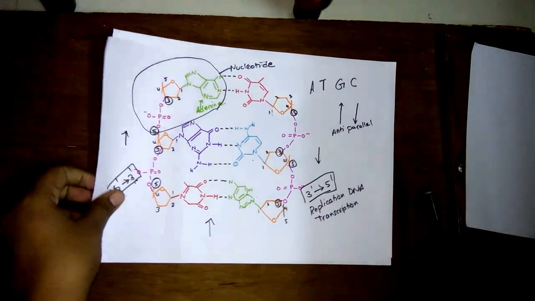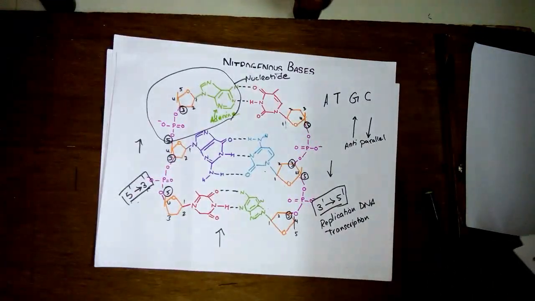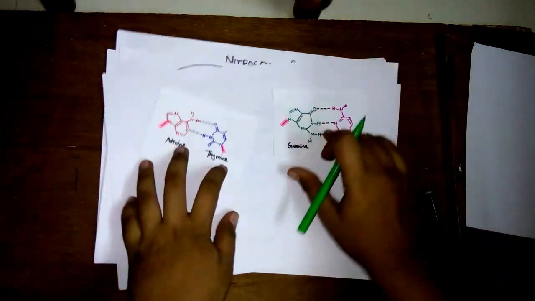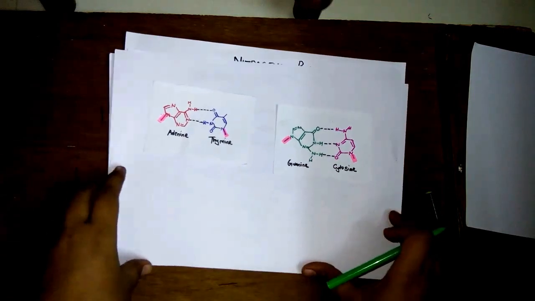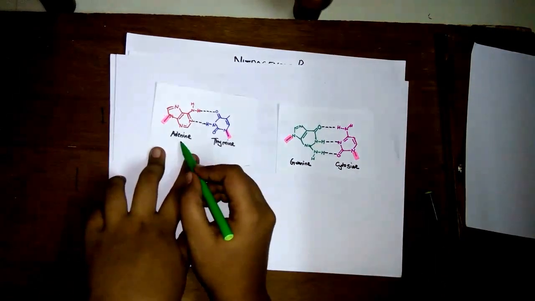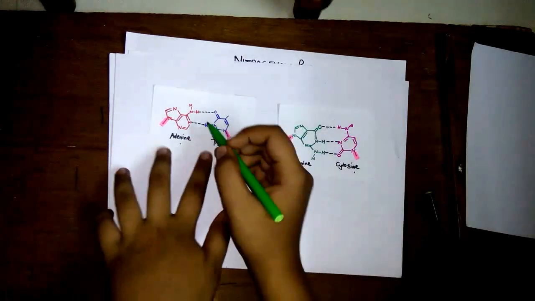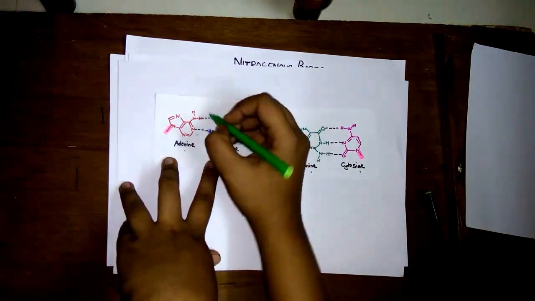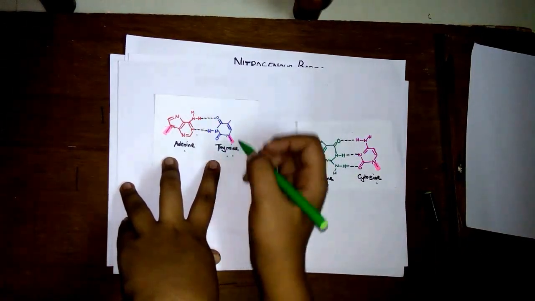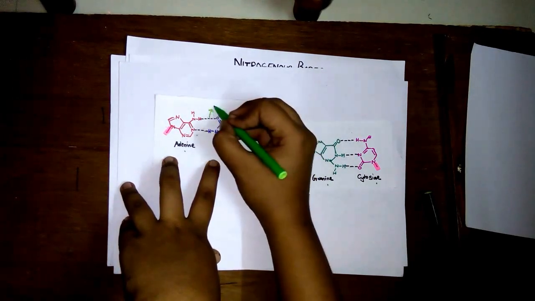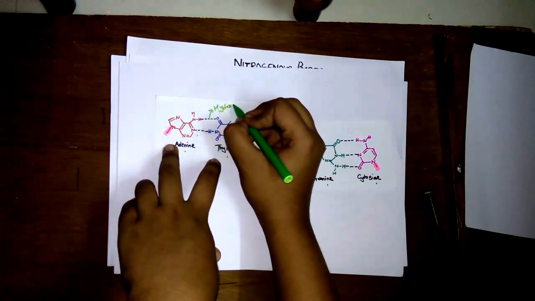To make this easier, let me show you this picture over here. I have two sets: adenine and thymine, guanine and cytosine. So this adenine molecule has bonded with the thymine molecule, and these dotted structures are hydrogen bonds.